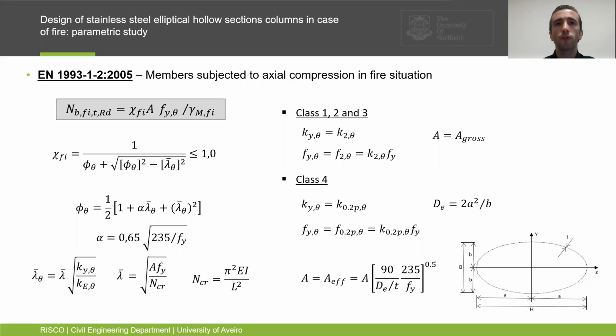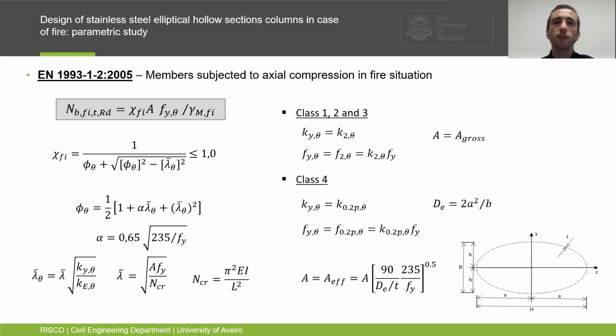According to Part 1-2 of Eurocode 3, the design buckling resistance of stainless steel members subjected to axial compression should be verified by satisfying this expression, calculating in the same way as for carbon steel, changing only the mechanical properties of the material.